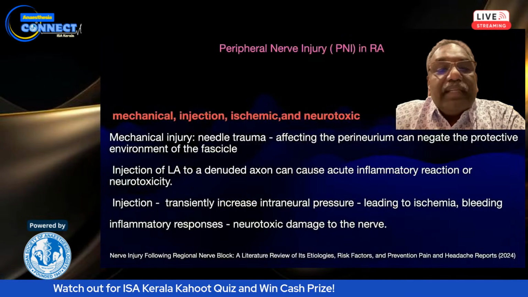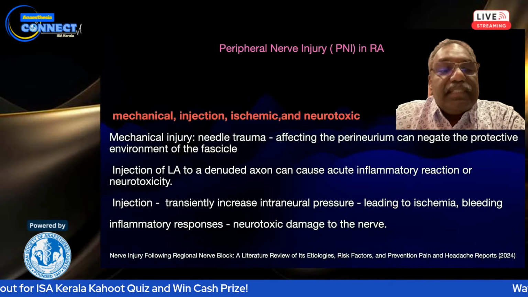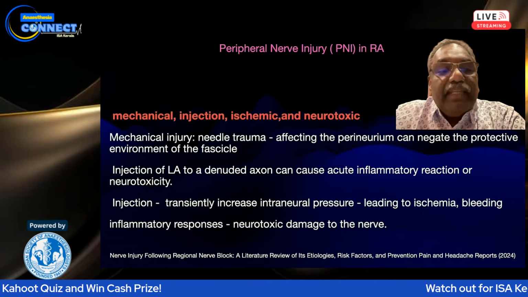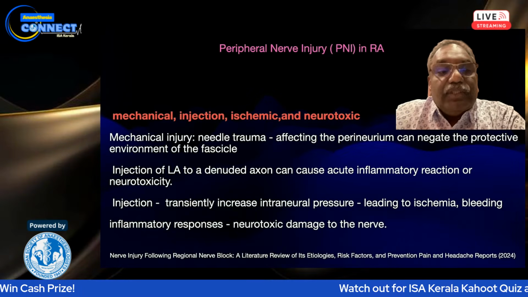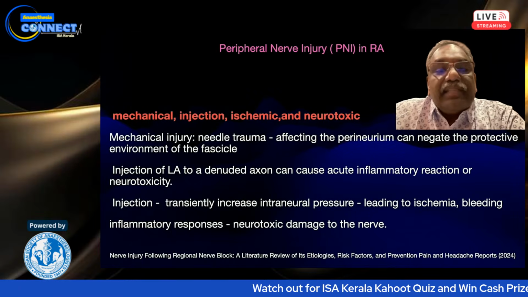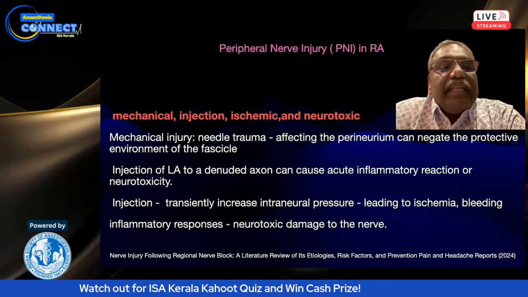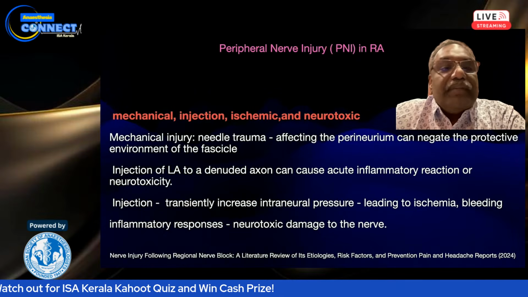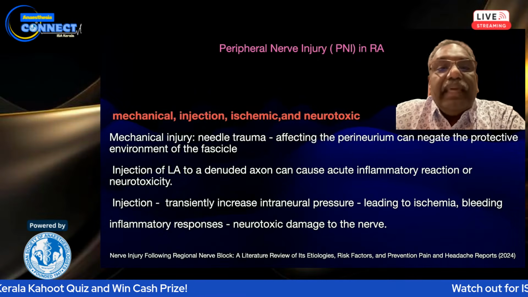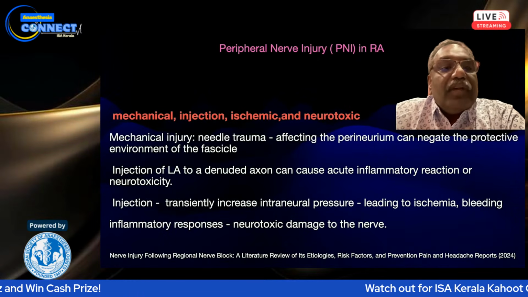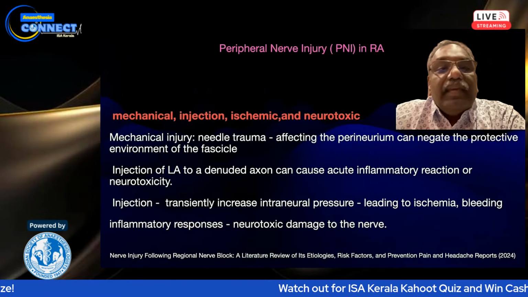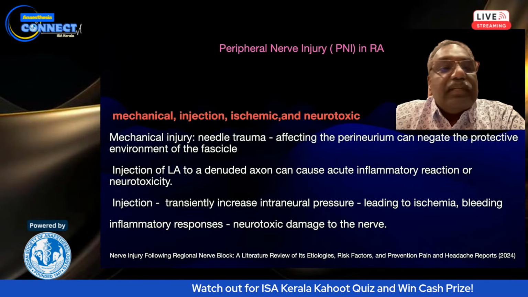And regarding the peripheral nerve injury in regional anesthesia, mainly the mechanical injury due to the injection, ischemic insult, and neurotoxic. The mechanical injury or the needle trauma affecting the perineurium can negate the protective environment of the fascicles, increasing the risk of peripheral nerve injury.